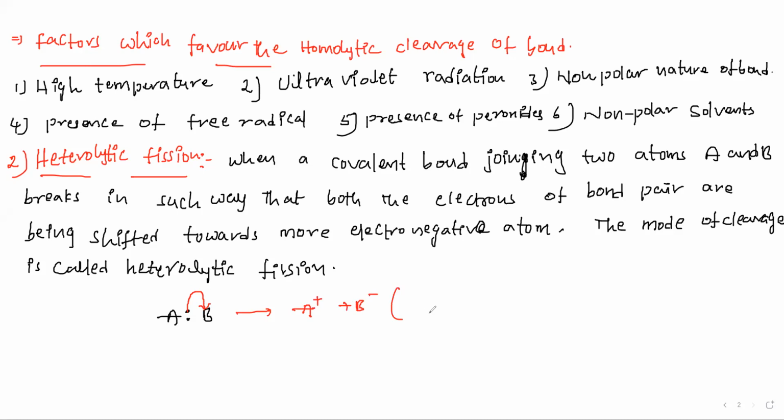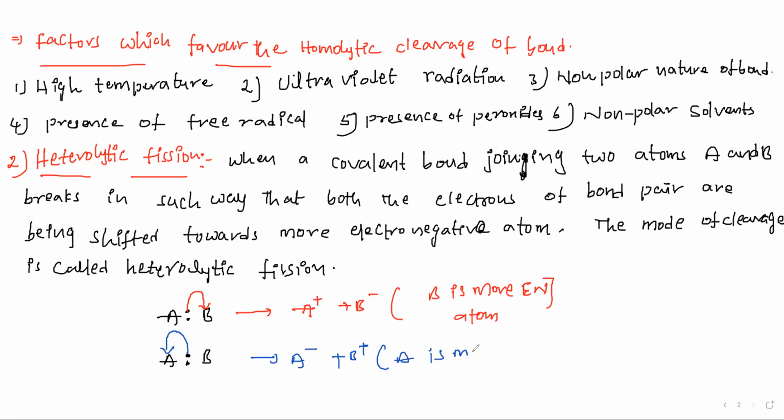In this case, B is the more electronegative atom. If A is more electronegative than B, the electrons shift towards A, so A gets negative and B gets positive. In this case, A is the more electronegative atom.